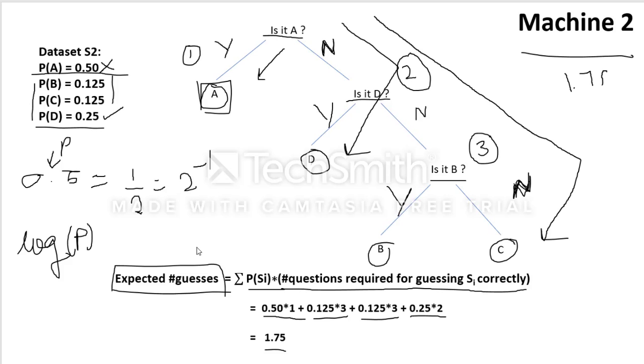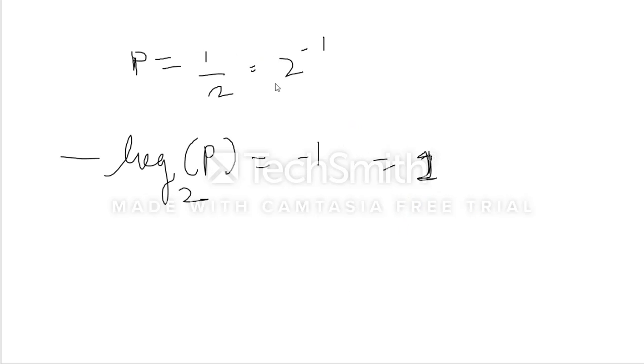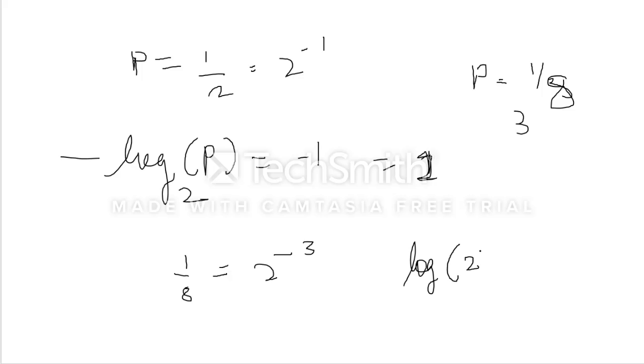Check out this probability, P of B, 0.125. We needed 3 questions to find out whether it was B or not. So let's do that again. 1 by 8 is 2 to the power minus 3. Log of 2 to the power minus 3 base 2, negative log is 3.